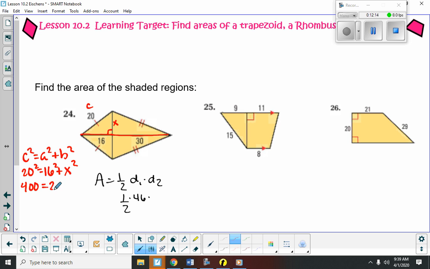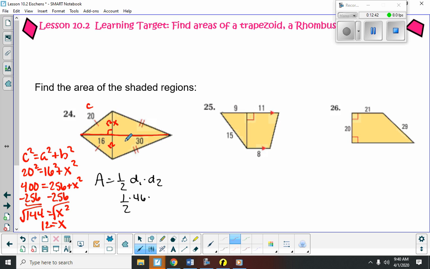And that would be 256 plus x squared. And we subtract 256. And we get 144. And to find x, we'll take the square root. X equals 12.